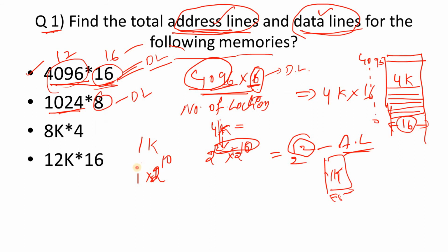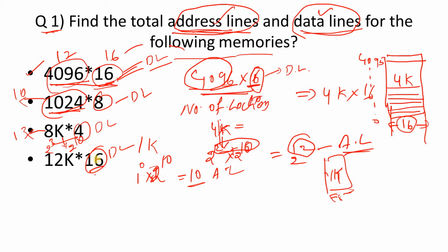Adding these two values gives 10, so the address lines are 10. Coming to the next case, the data lines are 4 and k means 2 power 10. Here 8 means 2 power 3, so 3 plus 10, total 13. Address lines are 13. In the last case, the 16 is the direct data bus length or data lines.